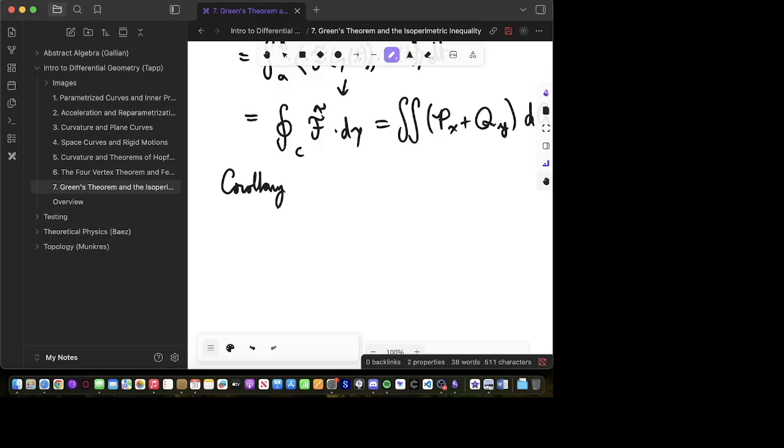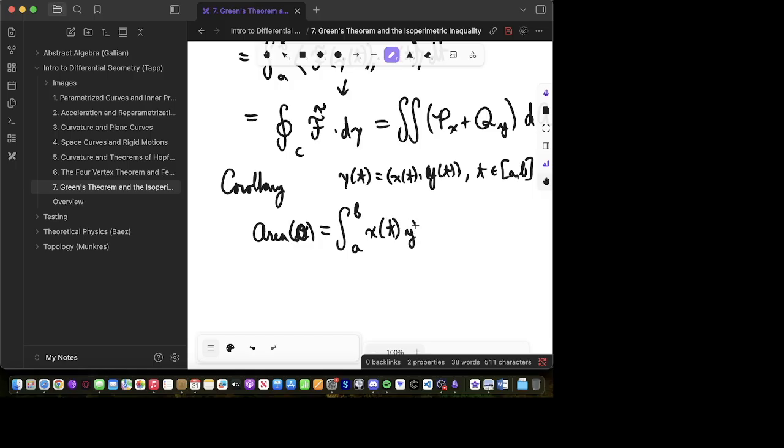So if we have a closed curve with interior D, then the area of D equals, and the curve is parametrized like so, t is in a to b, the integral from a to b of x of t, y prime of t dt, which is equal to the negative of the integral from a to b of y of t, x prime of t dt.